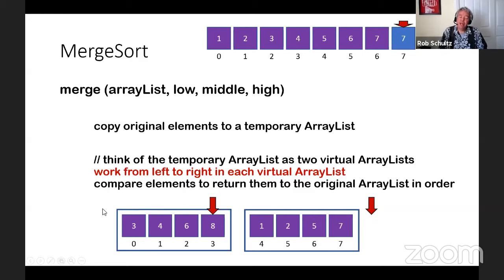So the other thing I point out to students, and I don't show them this part because I want them to figure some of this out on their own, is that if by some chance the right-hand side of our temporary array list finishes first, then we have to include a little something down here at the bottom to pick up the leftovers from this left-hand side. So the last thing we would do is say, okay, we're totally finished with the right-hand side. We need to pick up the leftovers, so we'll copy 8 up into that position.